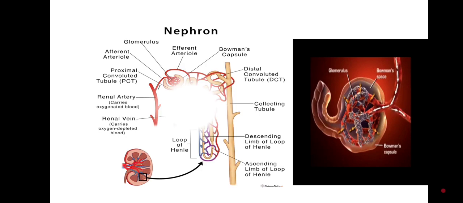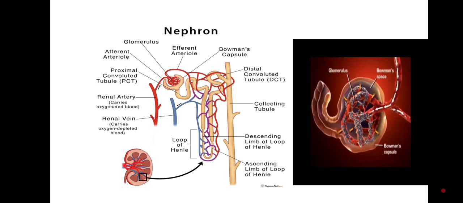Now, let's study the microscopic structure of the kidney, the nephron. The nephron is the functional unit of the kidney where filtration, reabsorption, and secretion occur. Each kidney contains about 1 million nephrons.